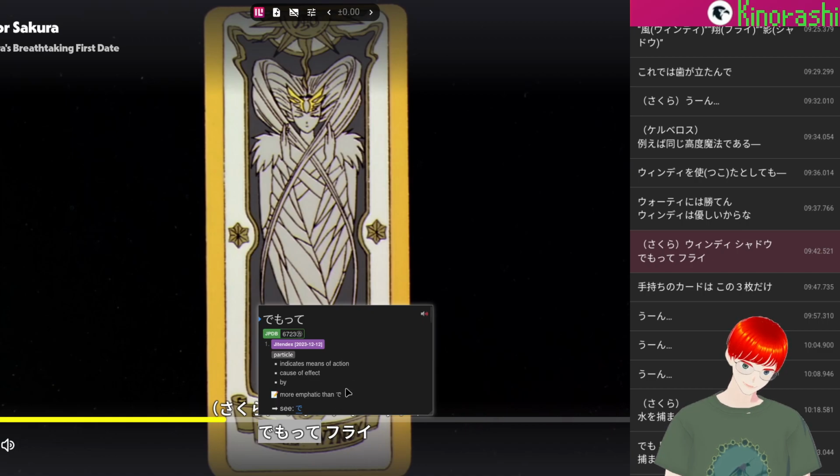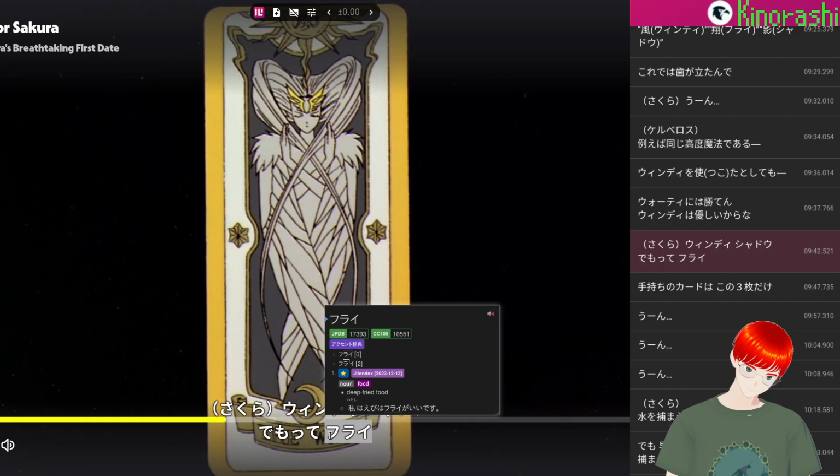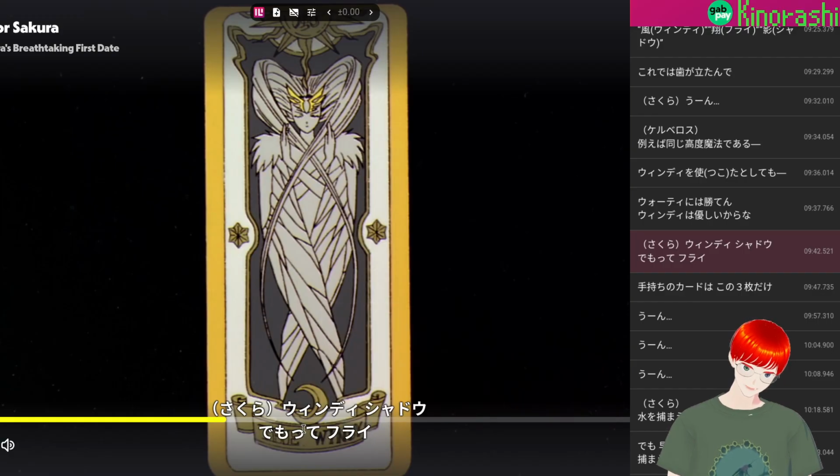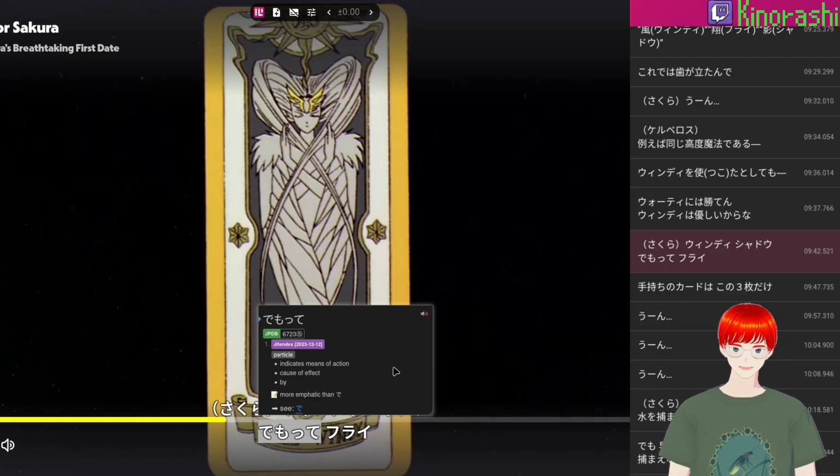Let's see, demo, more emphatic than de. Furai. So windy shadow. Let's see, indicates means of action, cause and effect.